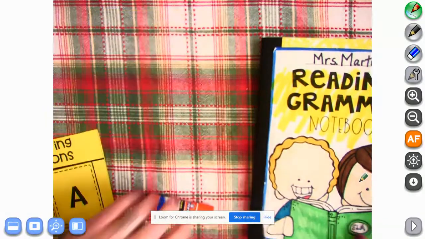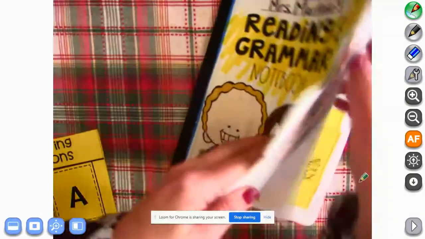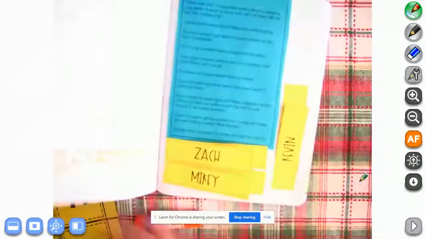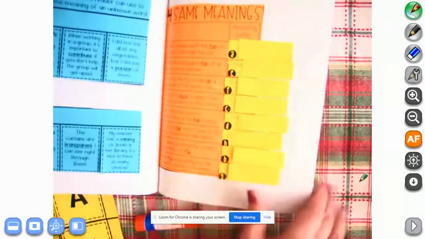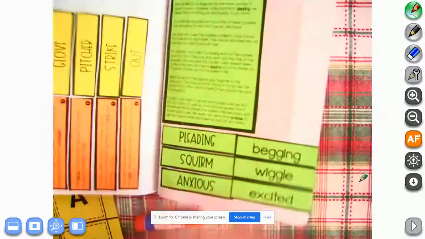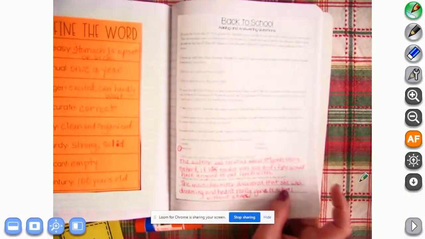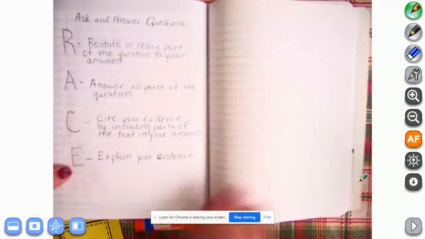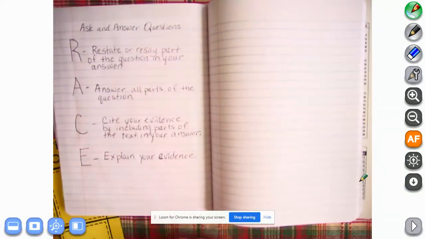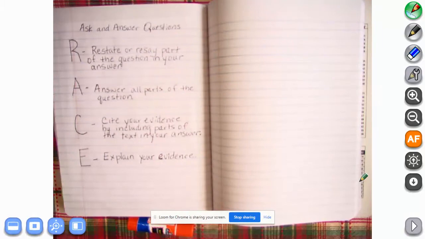So we're going to go back to reading in our notebook. We're going to go to the very last page we did, which was the story Back to School. So let's turn the page. We've got that spelled out there, so that's going to be super helpful today.